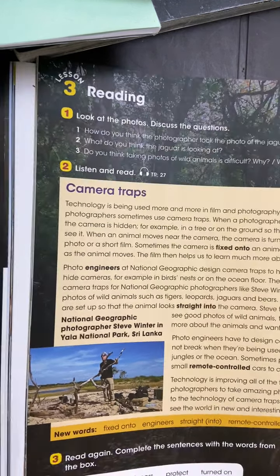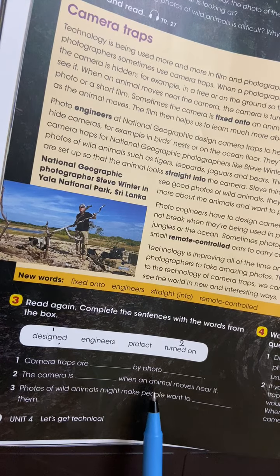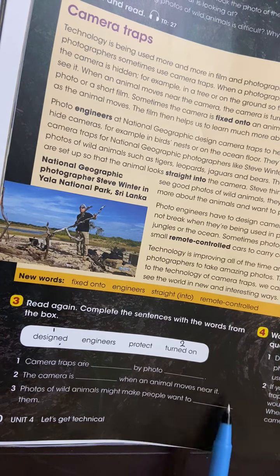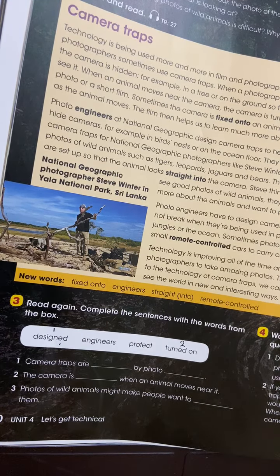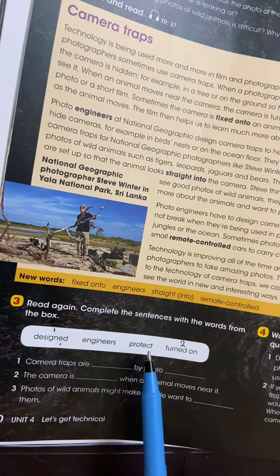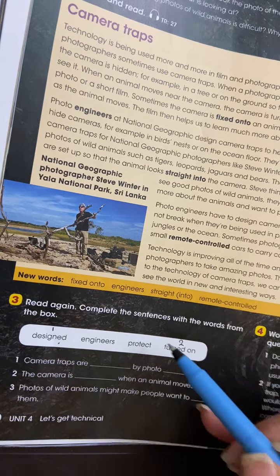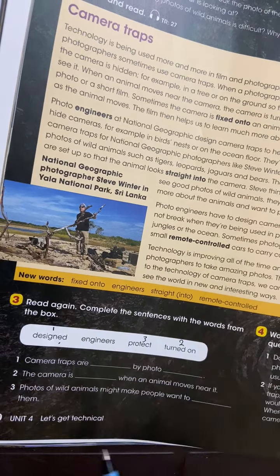Number 2, the camera is blank when an animal moves near it. The camera is turned on when an animal moves near it. Number 3, photos of wild animals might make people want to protect them. This is number 3.